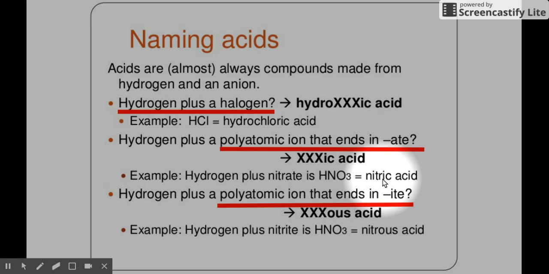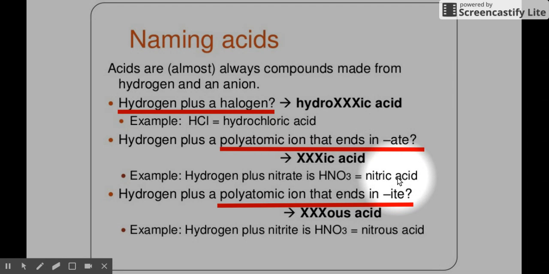Just change the ATE ending to ic. So nitrate becomes nitric acid. Okay, that's simple. No prefix hydro. Remember, the hydro was for binary. So if it's ternary and the polyatomic ion ends in ATE, change it to ic plus the word acid.